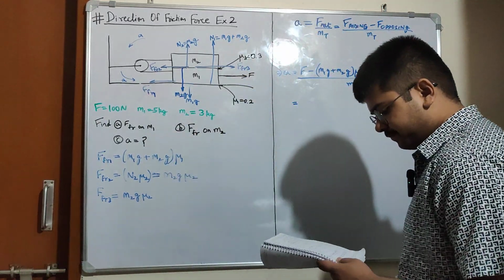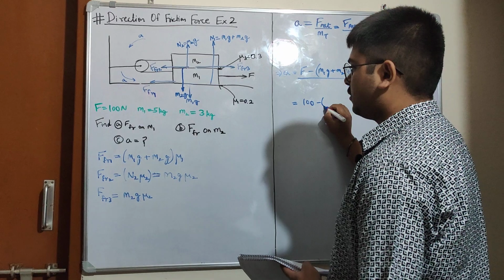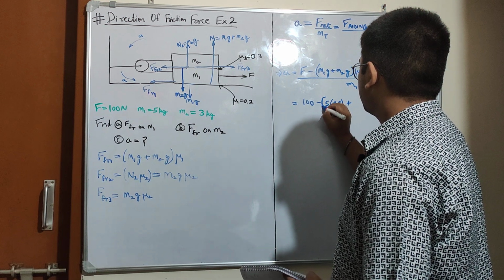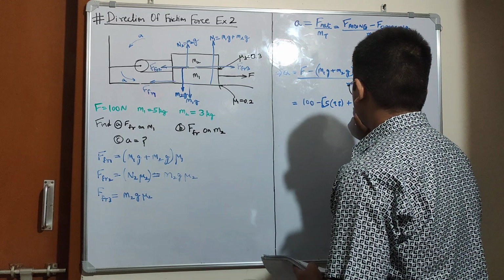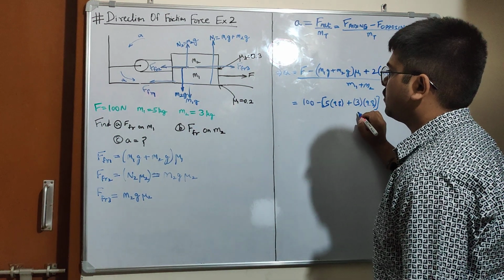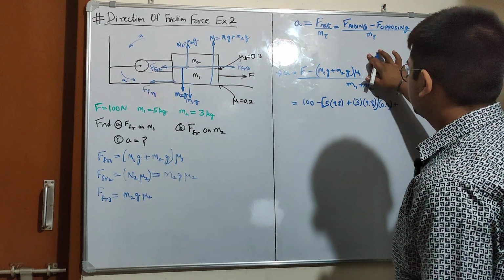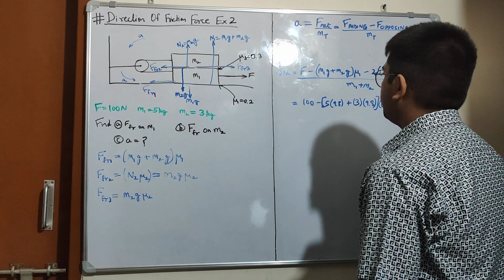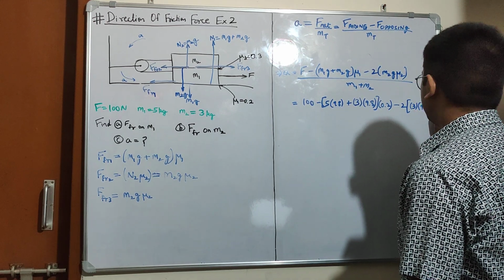Now I'll put the values. So we have the values here, 100 minus (m1, which is 5 kg, into 9.8 plus m2, which is 3 kg, into 9.8) into μ1, which is 0.2, minus 2 times m2, which is 3 kg, into 9.81 into μ2, which is 0.3.